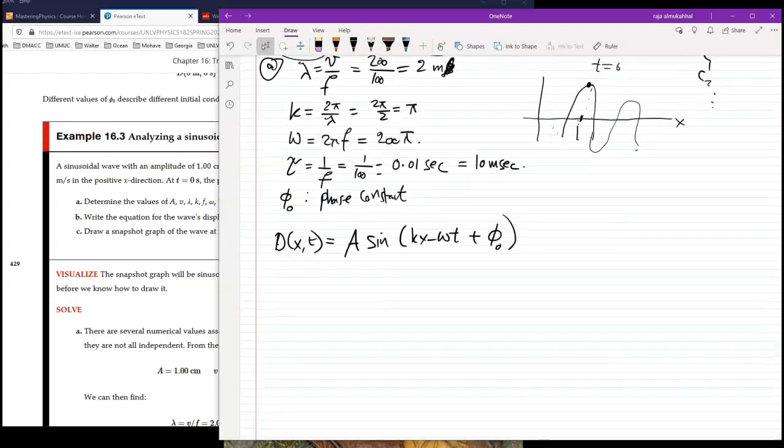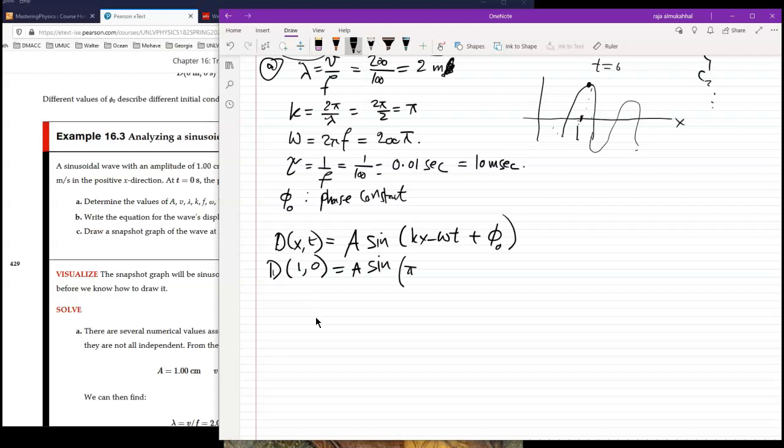Let me plug this information in here. So I have d of (1, 0) is equal to A sine. Now it's a sinusoidal wave. All these are constants. K and omega are always the same. Remember, I'm trying to find phi naught. Okay, I'm trying to find this one. So K I have already gotten is pi.